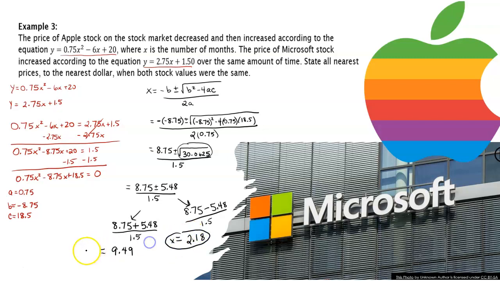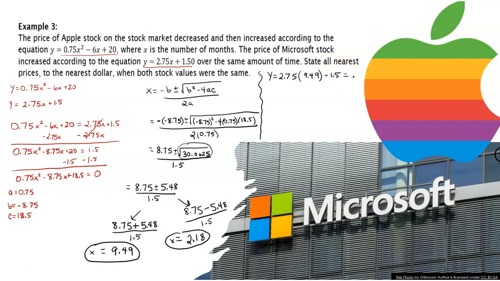The very last step is to go ahead and plug your two x values into your equation. Either one is fine. And then figure out your y. So let's do that last step over here. We have our equation, y equals 2.75 times our x value of 9.49 plus 1.5.